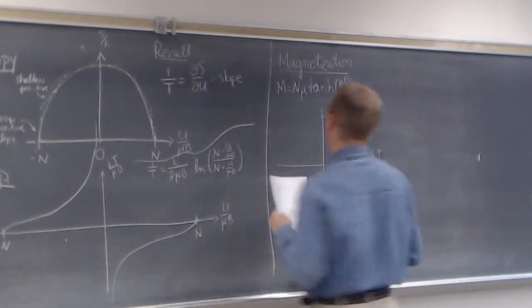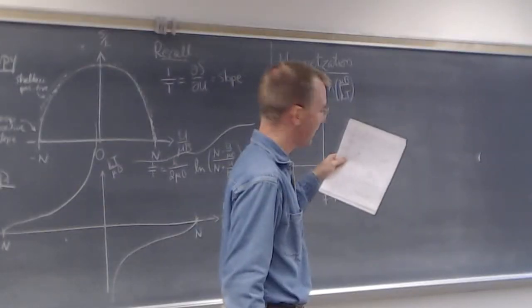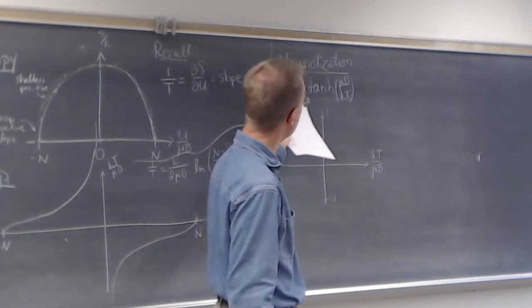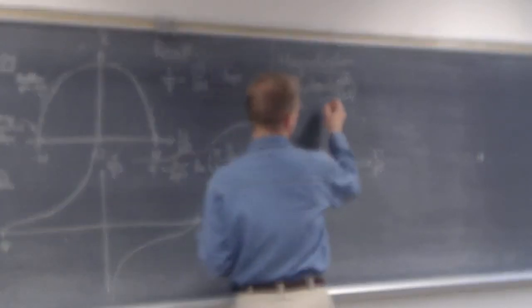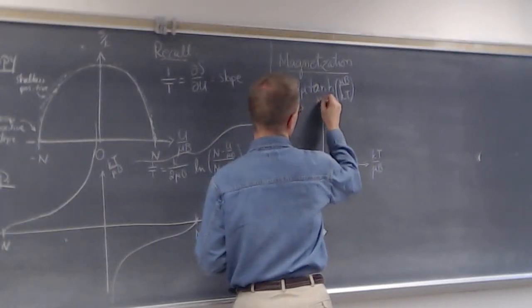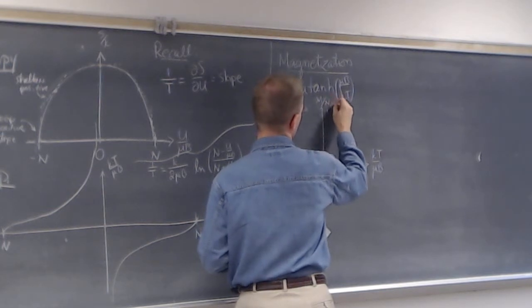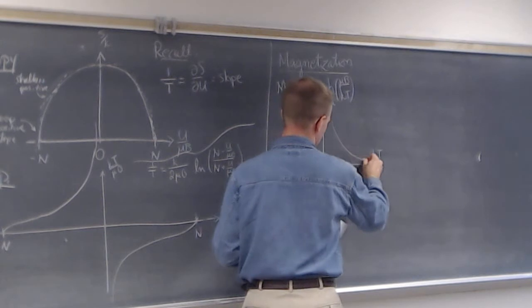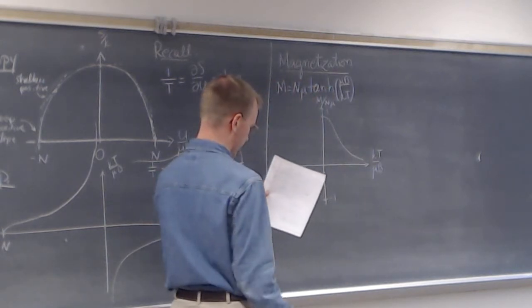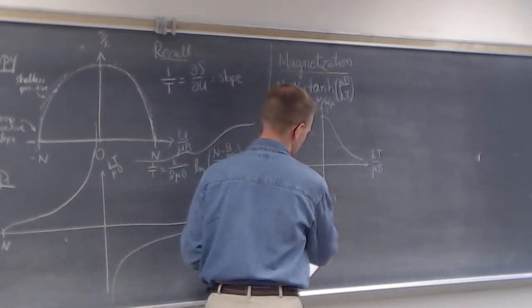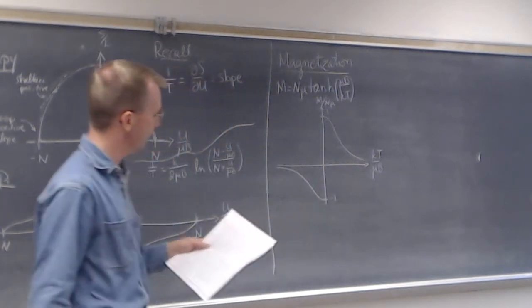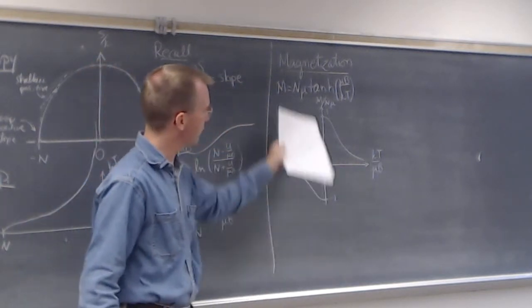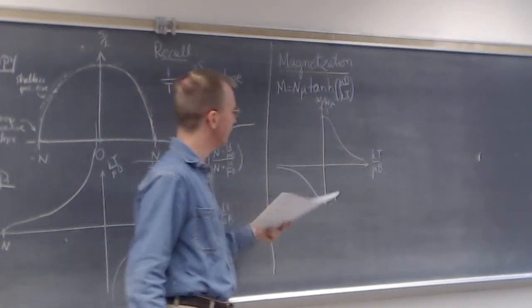Okay, so if we plot magnetization over N mu, which is a convenient way to do it, you get that there, making a discrete jump at this point here.